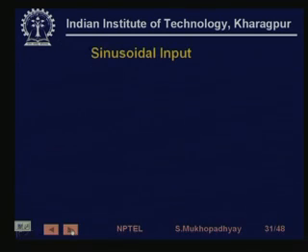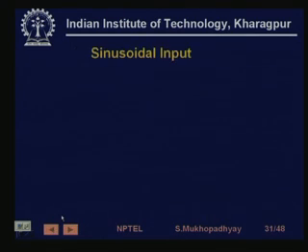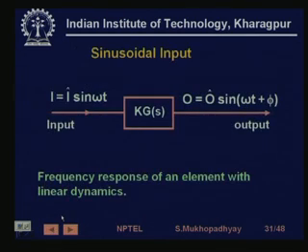So if we have a sinusoid, this is my instrument. I am applying I sin omega t. Typically, if the instrument is linear, you will also get a sine wave as output, but its magnitude will be different from the magnitude of the input wave, and it will also develop a phase lag.